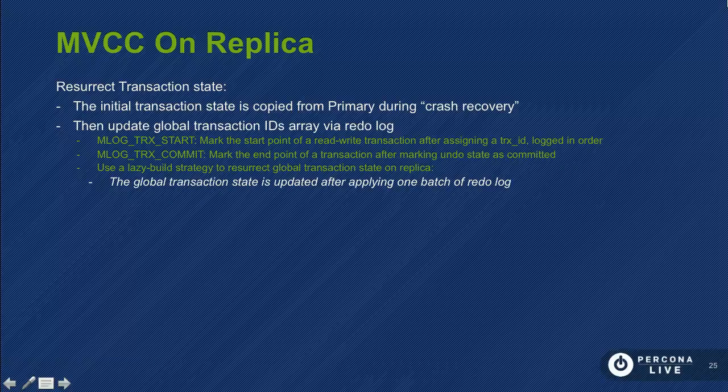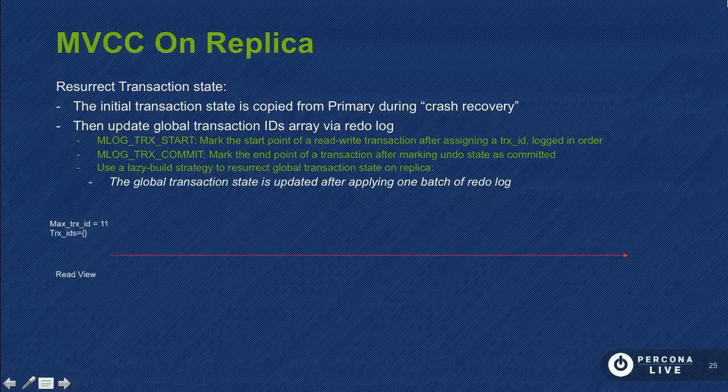We added two kinds of redo log. The first is MLOG_TRX_START, which marks the start point of a read-write transaction; when it starts, assigning a transaction ID is logged in order. The other is MLOG_TRX_COMMIT, which marks the endpoint of a transaction after marking the undo state as committed.